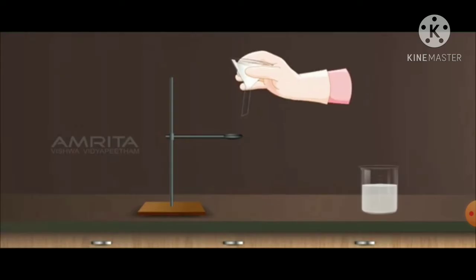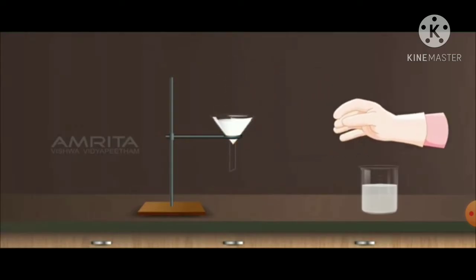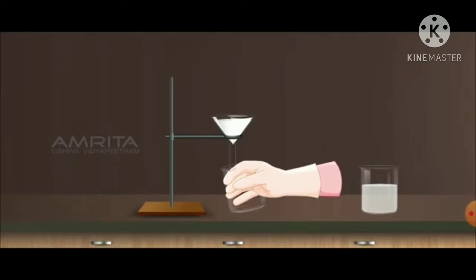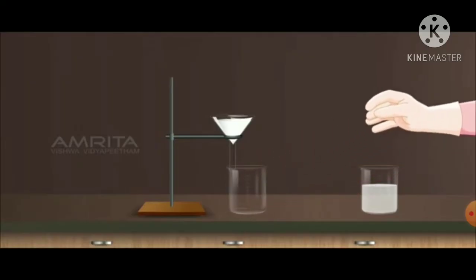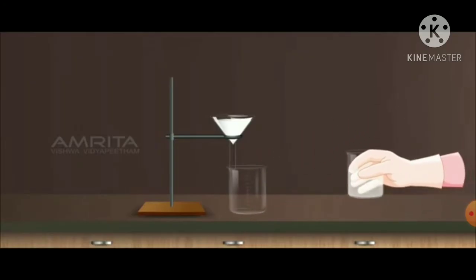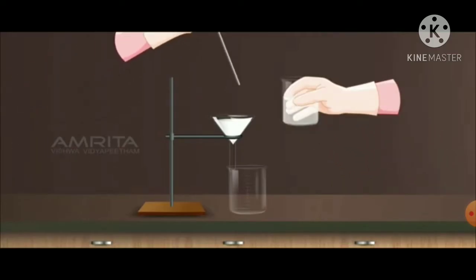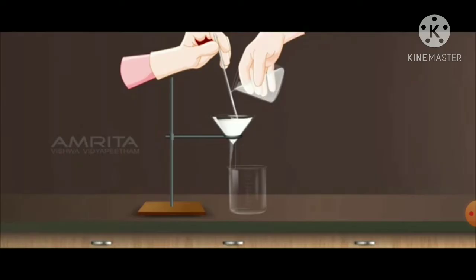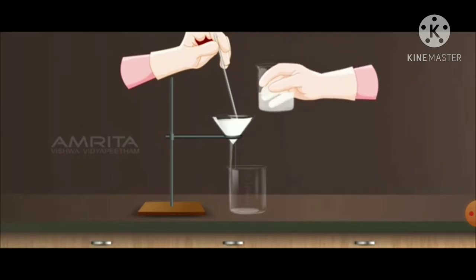Clamp the funnel on the stand. Place the beaker below the funnel. Hold the filter paper with a glass rod and pour the solution slowly through the glass rod into the beaker.